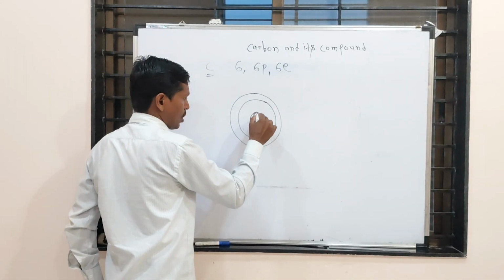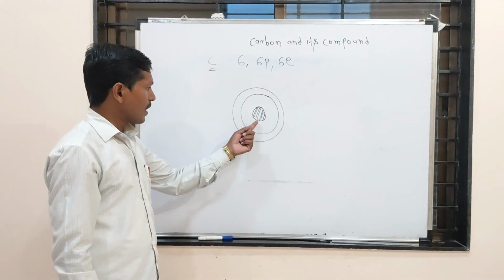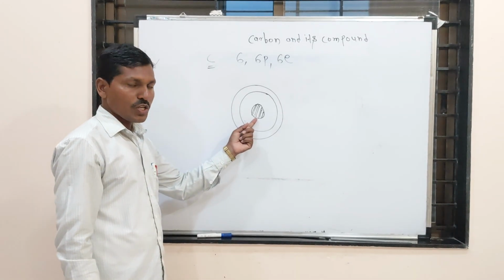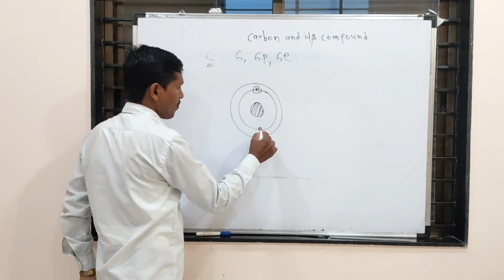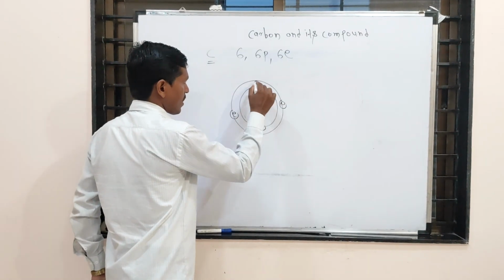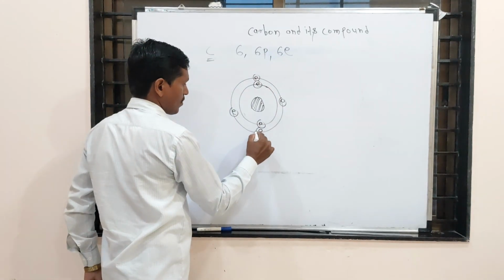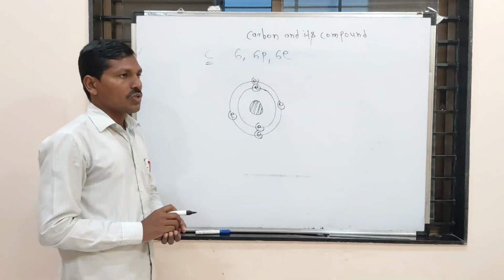This is the central part of the carbon, which is called the nucleus. And these are the two shells. The first shell contains 2 electrons and the second shell contains 4 electrons.